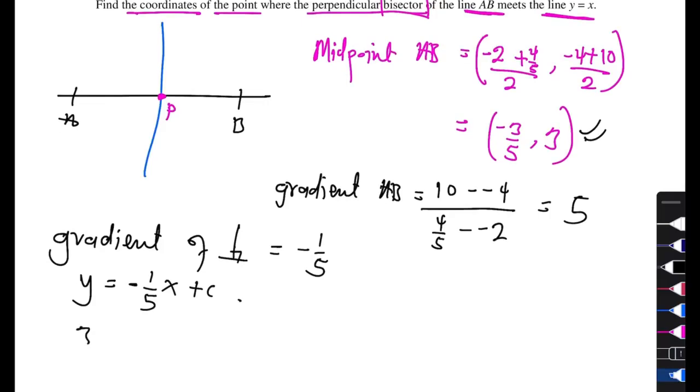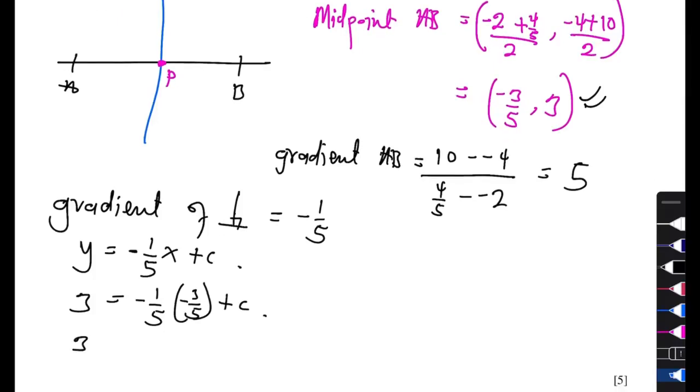So y is 3, x is -3/5. We are going to get 3 is equal to 3/25 plus c.